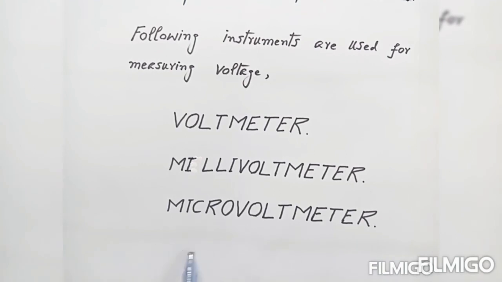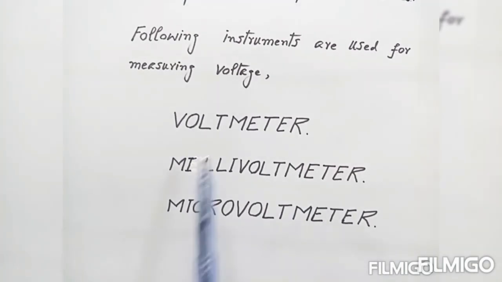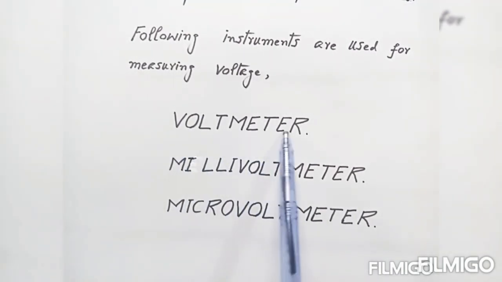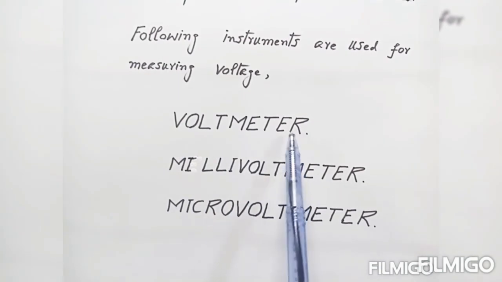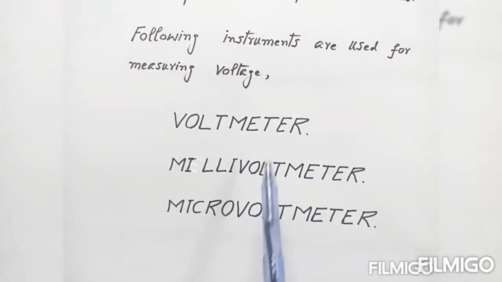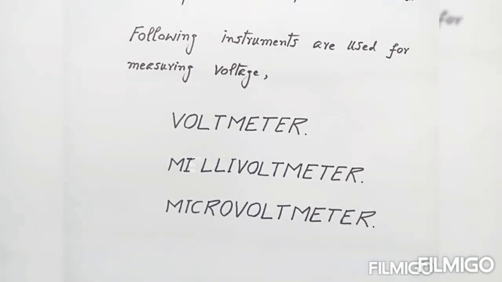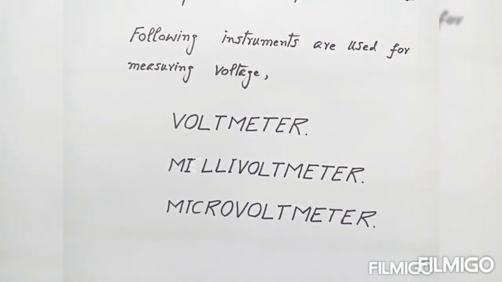So for AC voltage and DC voltage, we have separate voltmeter, millivoltmeter, microvoltmeter. There is an AC voltmeter and DC voltmeter. There is AC millivoltmeter and DC millivoltmeter. There is AC microvoltmeter and DC microvoltmeter. So for both, we have separate meters. These are the voltage measuring instruments which I can show you.